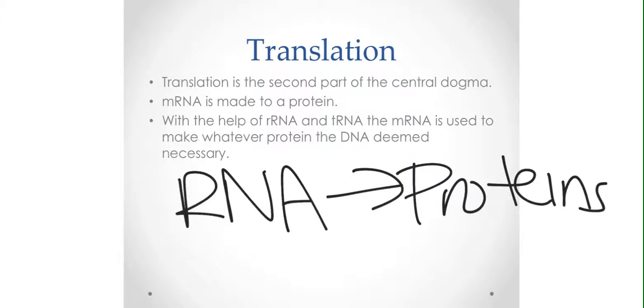So for example, if there's a sequence that says U, that tRNA is going to say, okay, I'm translating this, and you are telling me that you want to create that specific amino acid. If the sequence says ACG, that's a different amino acid. So then the tRNA is going to say, okay, I'm translating this. This is the amino acid you want me to make.